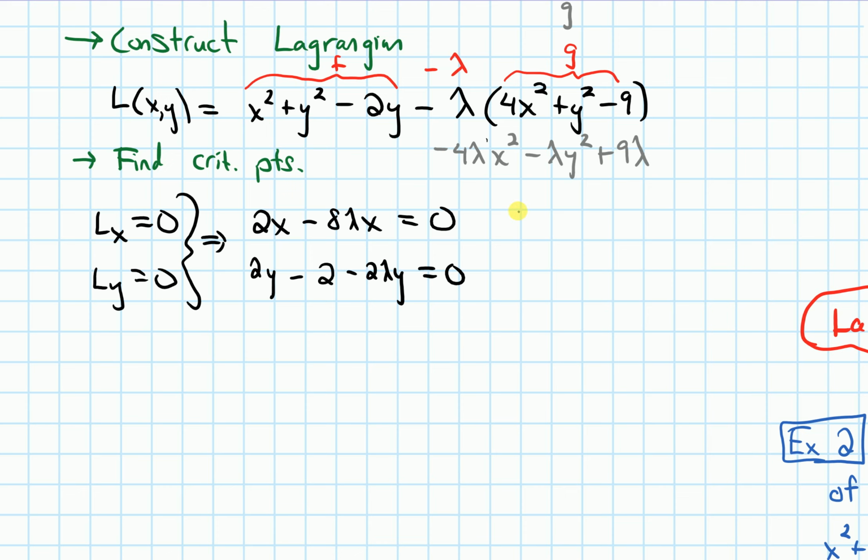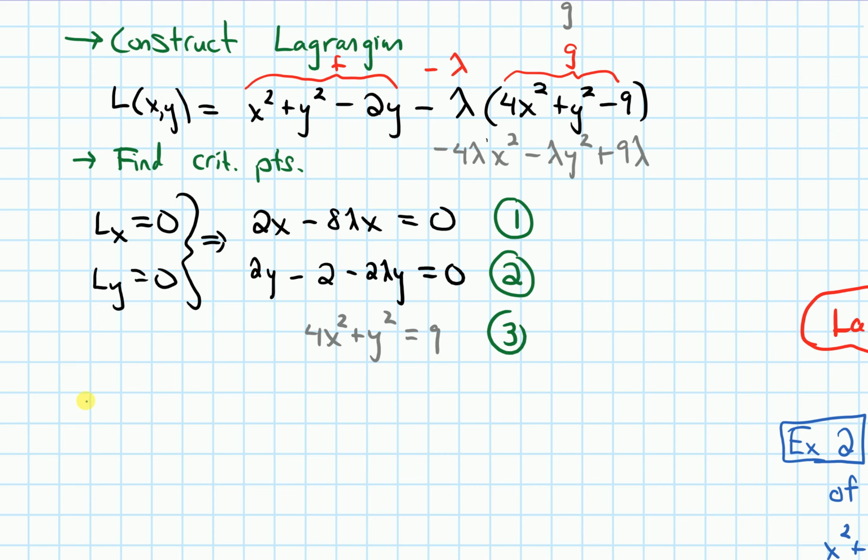So I'm going to call this top equation equation 1, and the second equation equation 2. And there's three unknowns here. There's x, there's y, and there's lambda. So I'll need a third equation, which is my constraint. And that was 4x squared plus y squared equals 9. So now I have to solve the system.